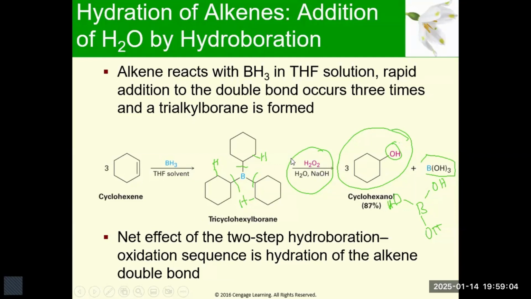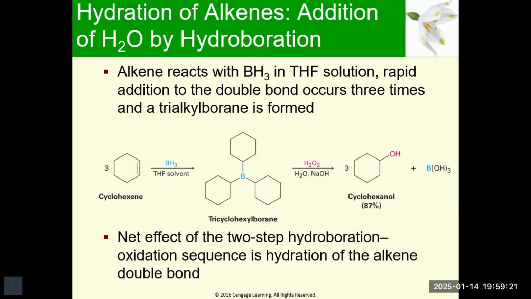So from the peroxide and then the base and the water, you get that. So the net effect of the 2-step hydroboration oxidation sequence is hydration of an alkene double bond. All right. So that's just what the takeaway is. Okay. So just remember with this reaction, what you're getting is an anti-Markovnikov hydration reaction.